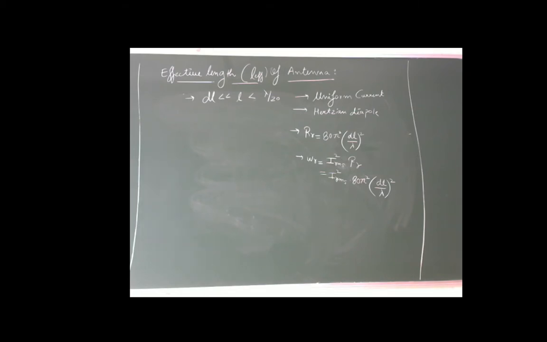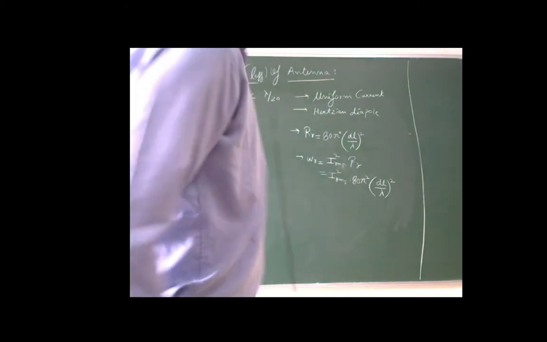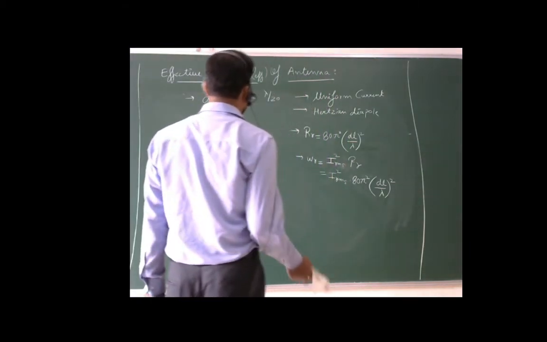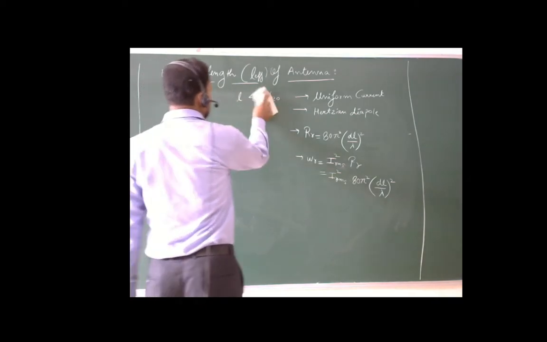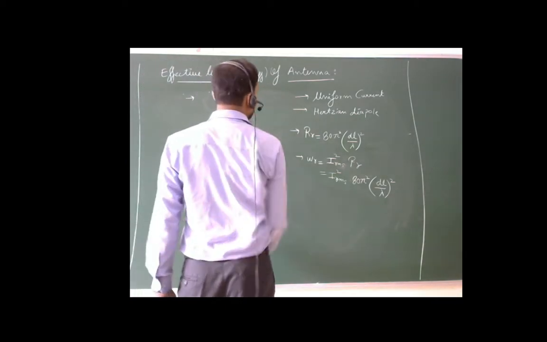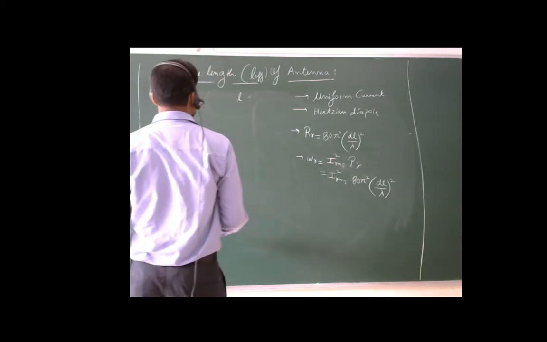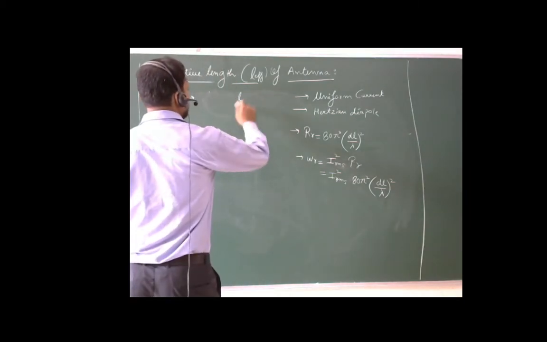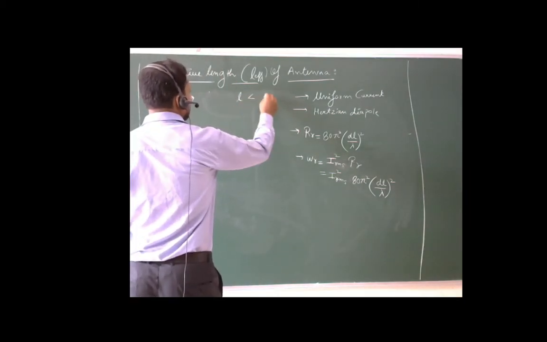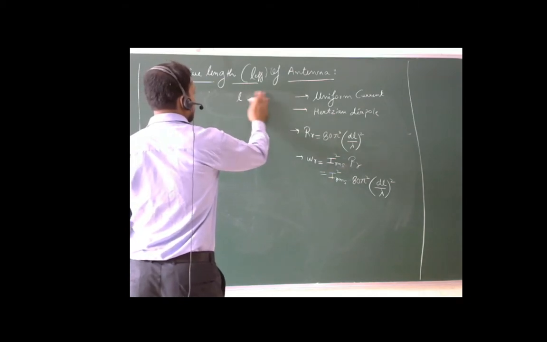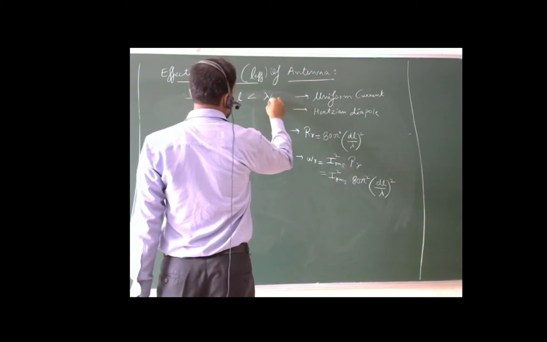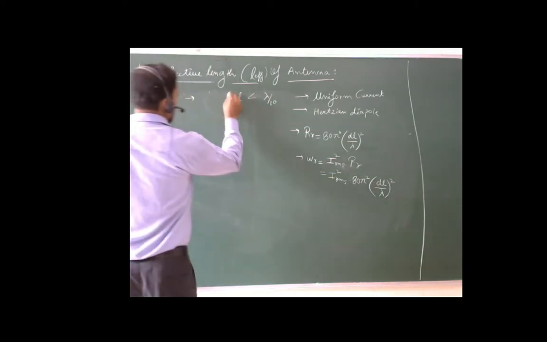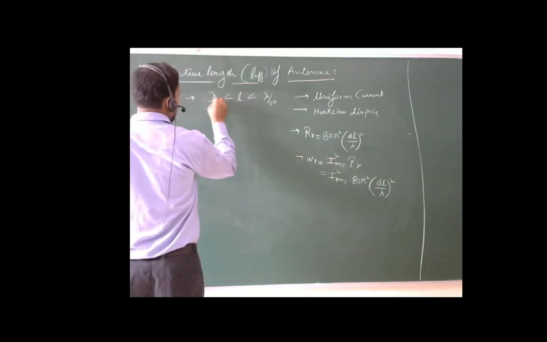Now the case where the length varies from lambda by 10 to lambda by 20, that is case 2, when length varies up to lambda by 10 and is greater than lambda by 20.